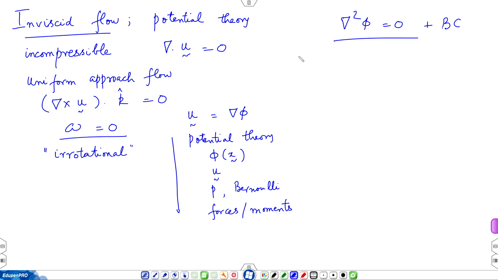So, once you find phi, you can find the velocity in Cartesian coordinates. u and v are the Cartesian components of velocity. Sometimes we work in polar coordinates.